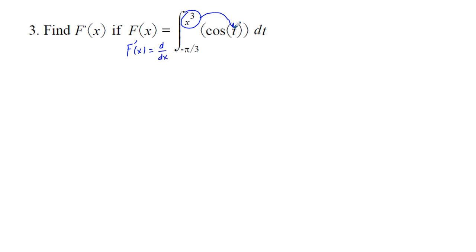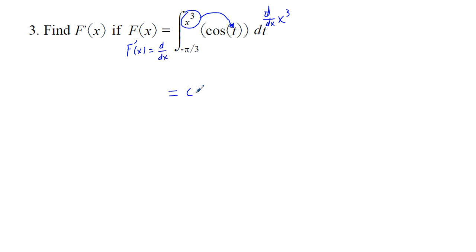Okay, so I'm going to work this out below.